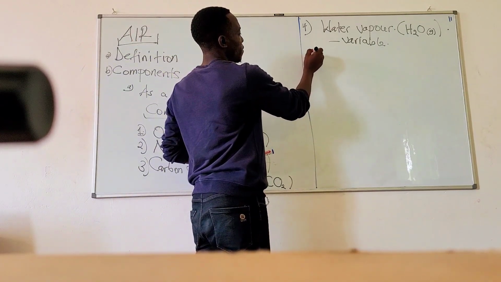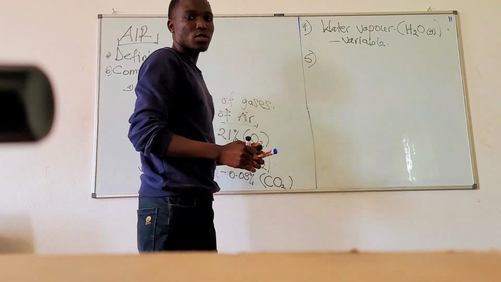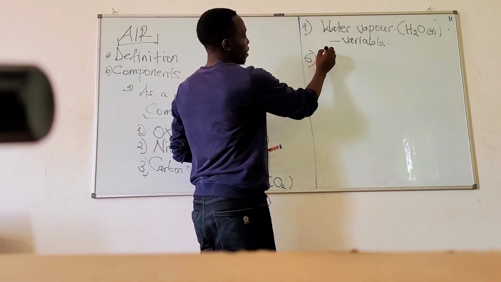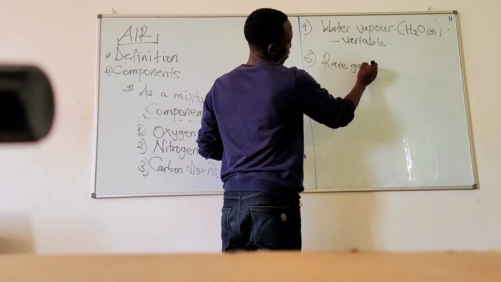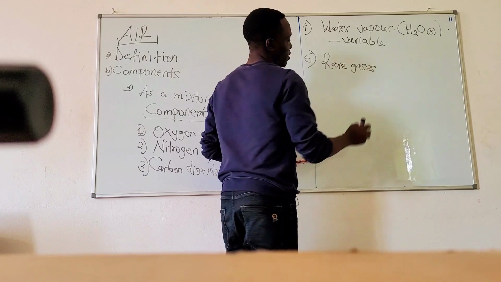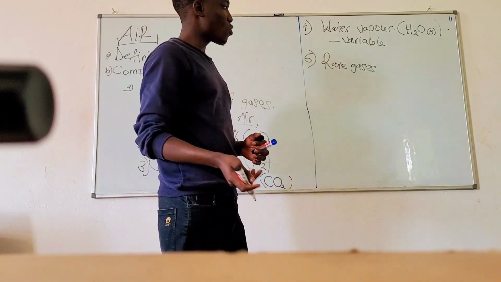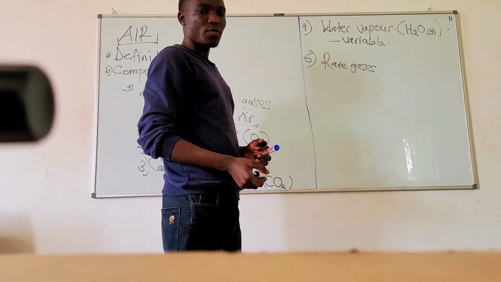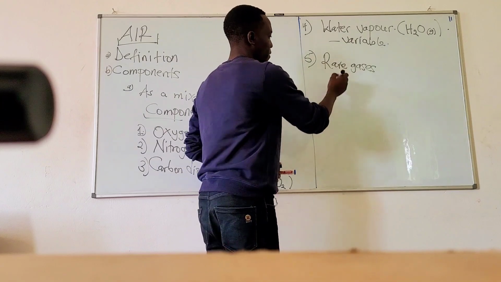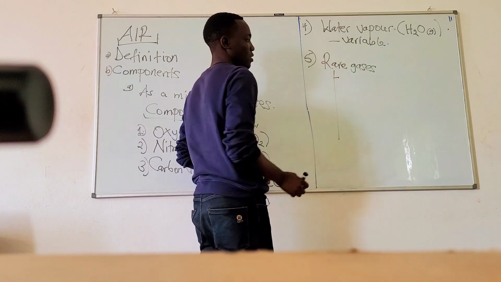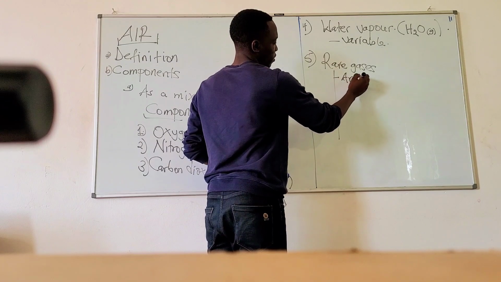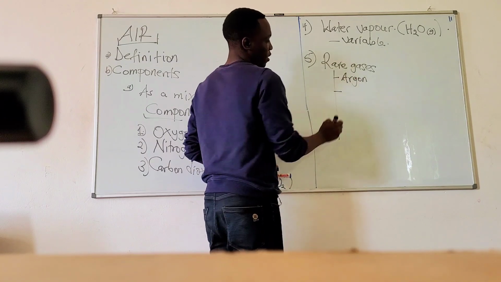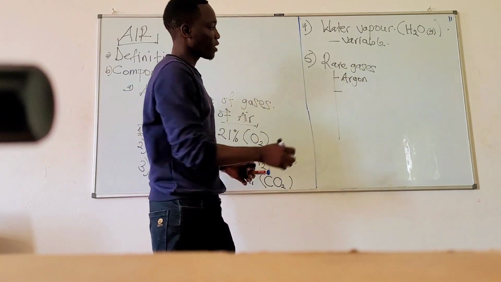Then the fifth one, we're going to talk about some rare gases. The rare gases are also there. They take a very small percentage. What are some of these rare gases? One of them is argon. Another rare gas is xenon.